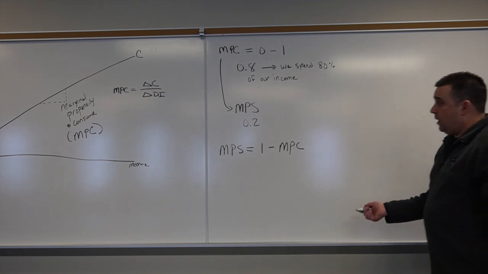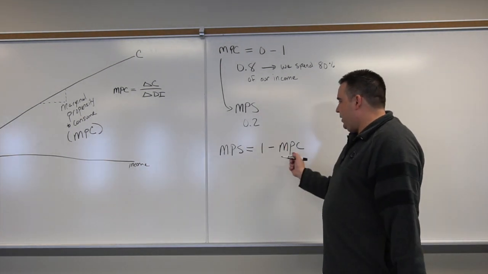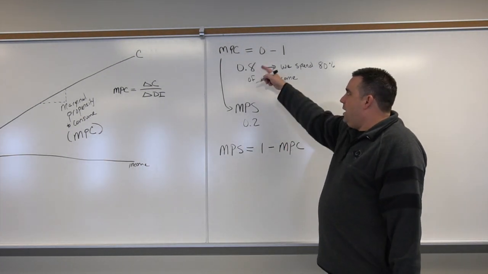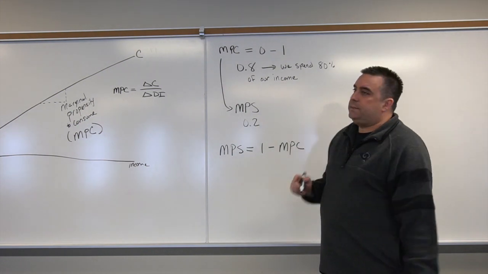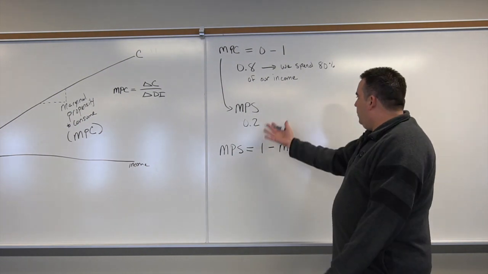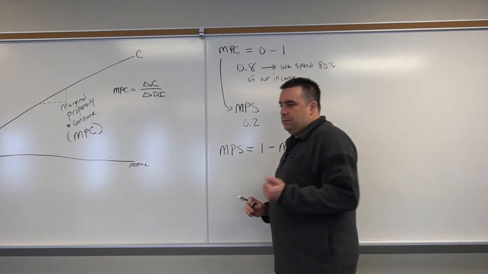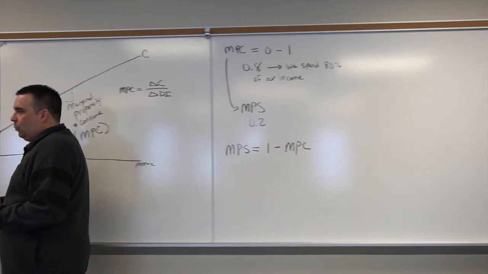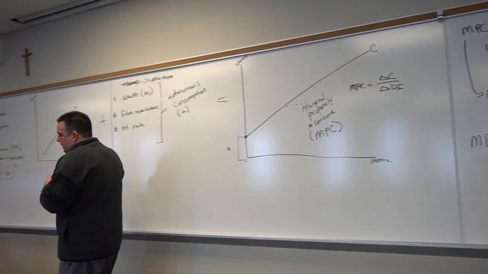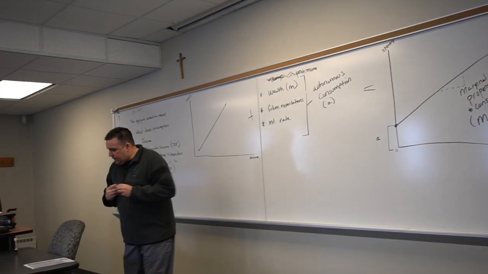And vice versa, right? You could algebraically rearrange this and show that MPC is equal to 1 minus the MPS. So we do expect these two values to add together to 1. Okay, so that's a quick look at our MPC.